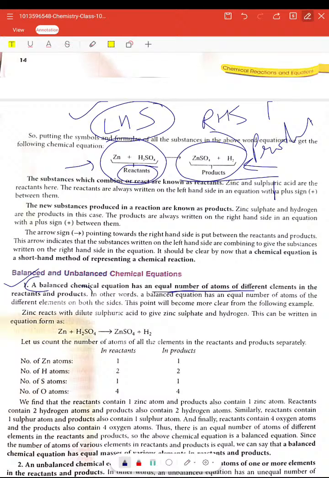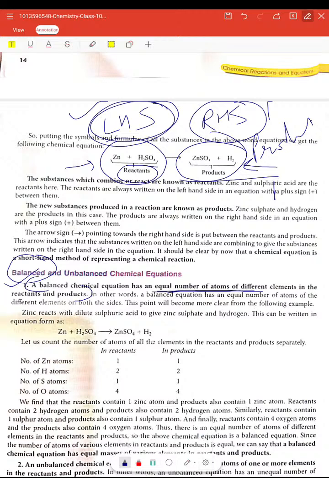That is called a balanced chemical equation.